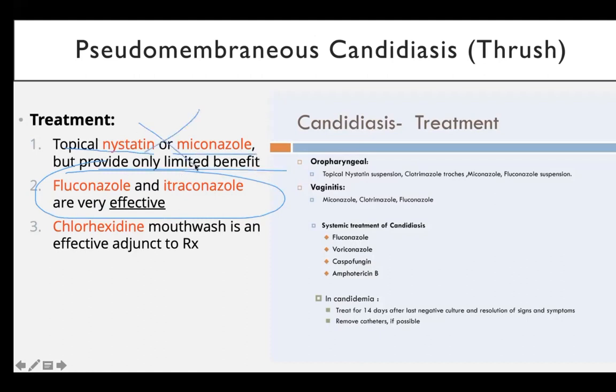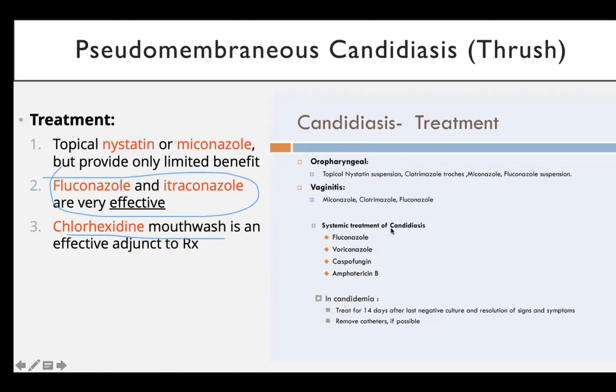Fluconazole, itraconazole, effective. And chlorhexidine is an effective adjunct therapy, which gives some symptomatic relief.